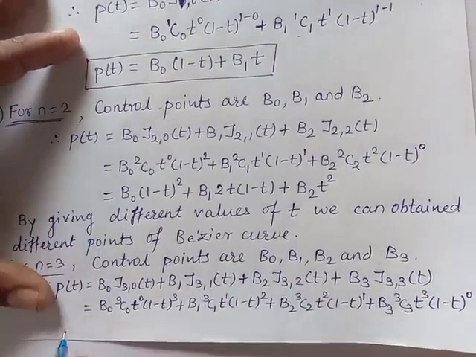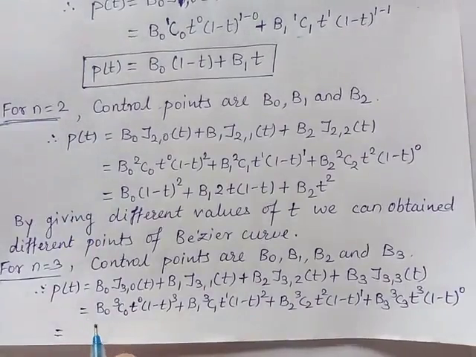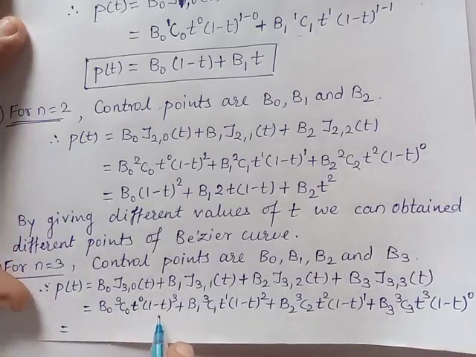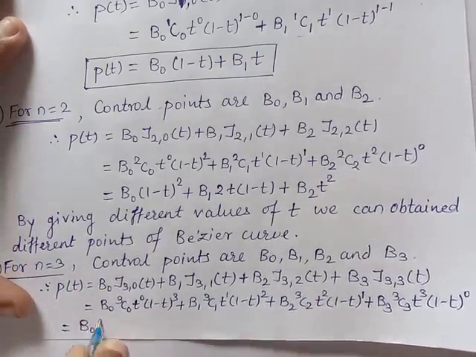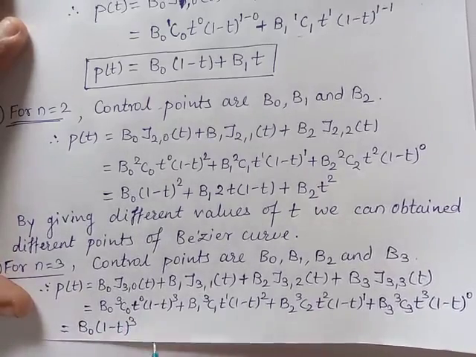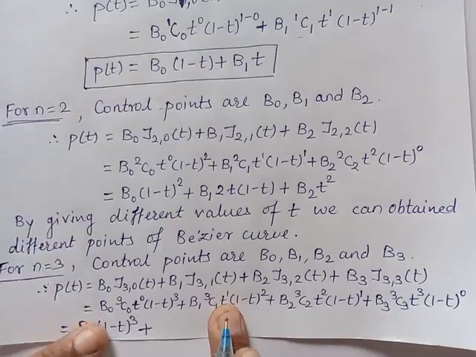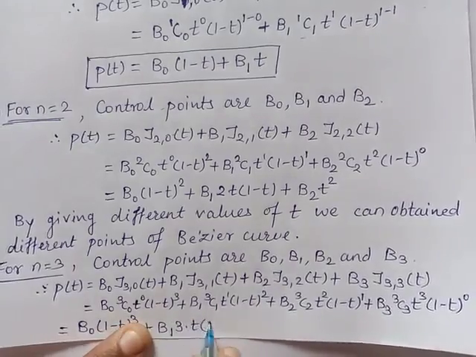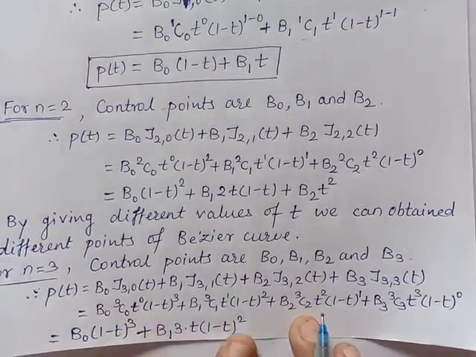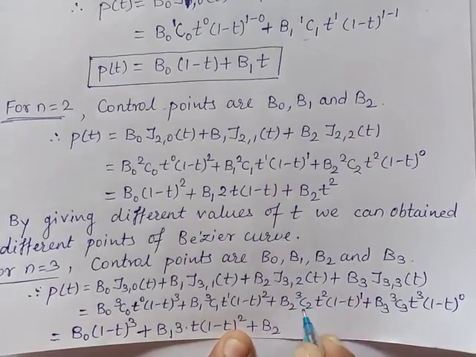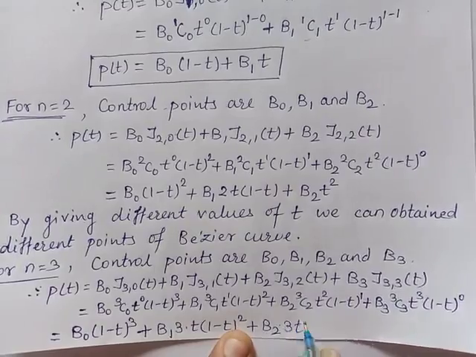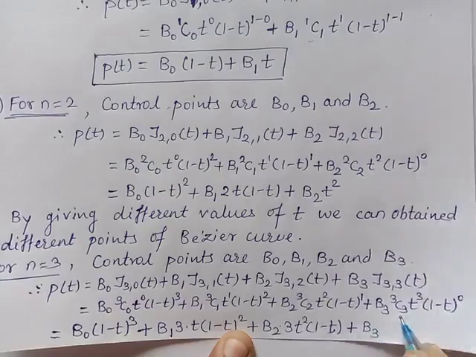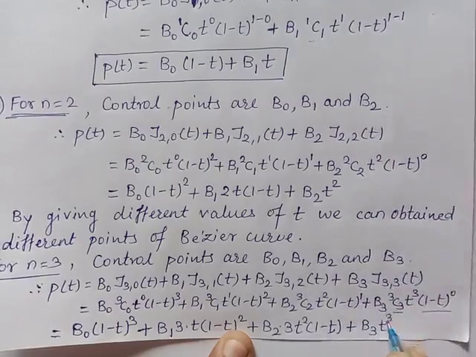So it will become b naught, 3c0 is 1, t raised to 0 is 1, simply b naught (1 minus t) cube, plus b1, this is 3 into t into (1 minus t) square, plus b2, this is again 3 t square into (1 minus t), fine, plus b3, this is 1, this is also 1, b3 into t cube.